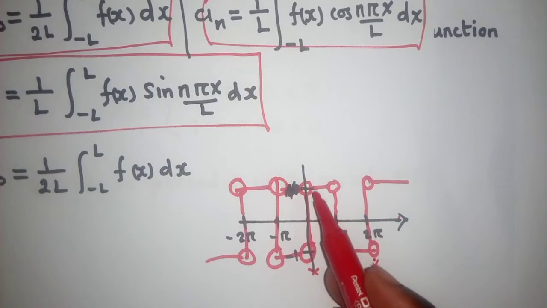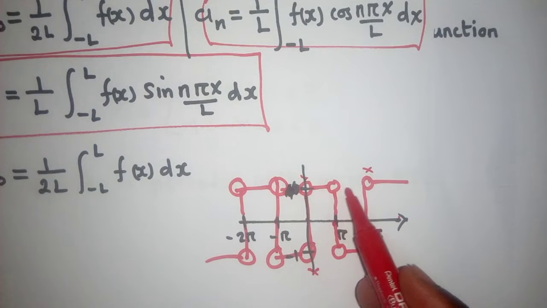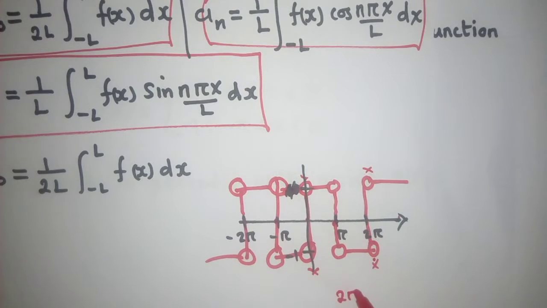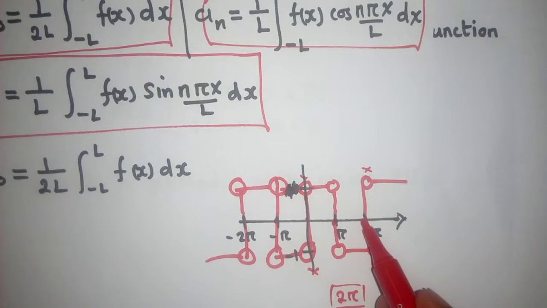Here to here is 2 pi. So since it's 2 pi, we know that from here to here it's pi, and this is where our L is coming from.